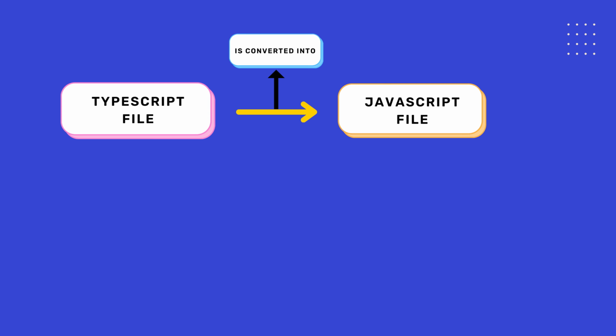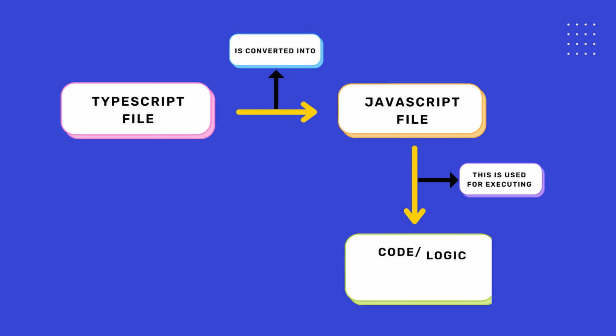This compilation or conversion will be done by the TypeScript compiler which we have installed in our system. Finally, this JavaScript file will be executed by the browser if you are running JavaScript code on the browser side, or it will run on the server if you are running JavaScript on Node.js. Finally, TypeScript every time will be converted into a plain JavaScript file before executing.